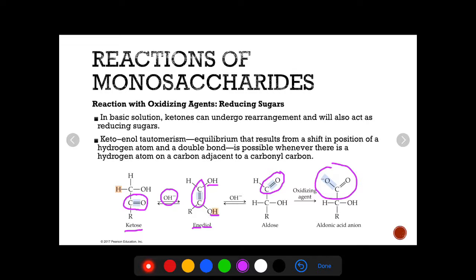So even ketoses are able to be oxidized if they are in a basic solution because of that rearrangement of the ions, or of the atoms. So remember, the enediol is formed, and then the aldose is formed, and then it goes to the carboxylate ion. So it is a reducing sugar.